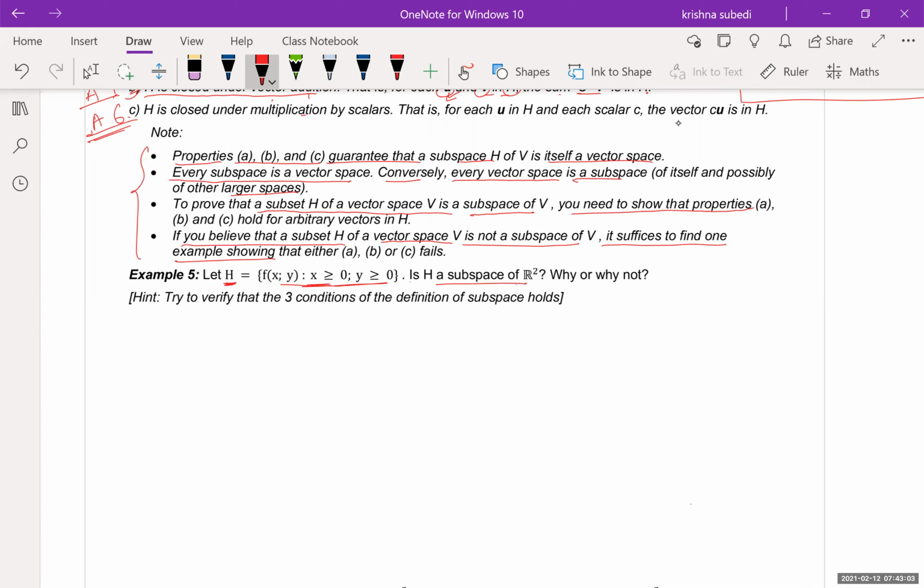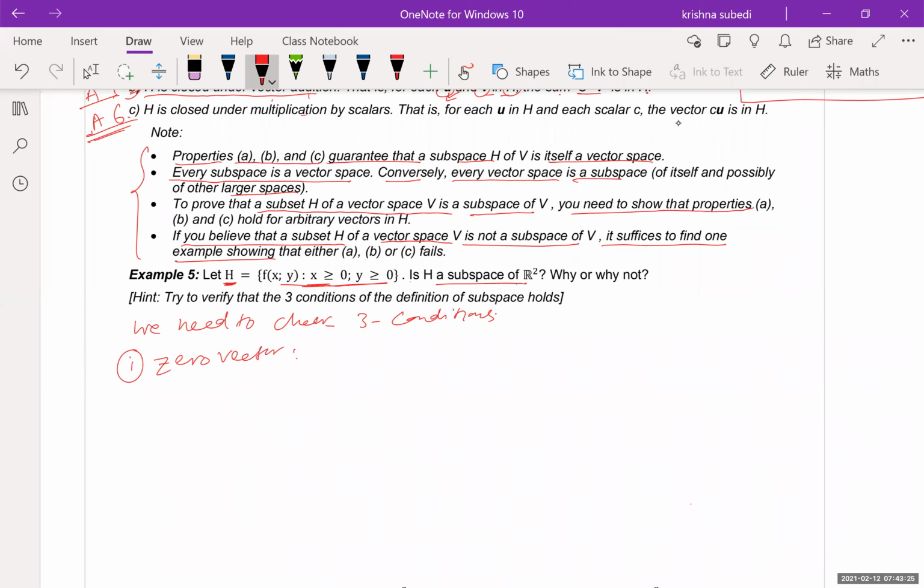Now let's check the zero vector. We need to check three conditions. Condition 1, zero vector.